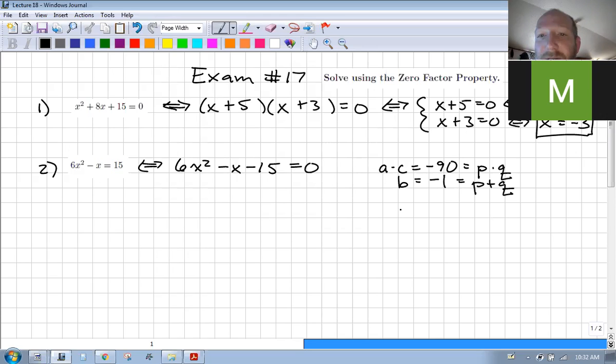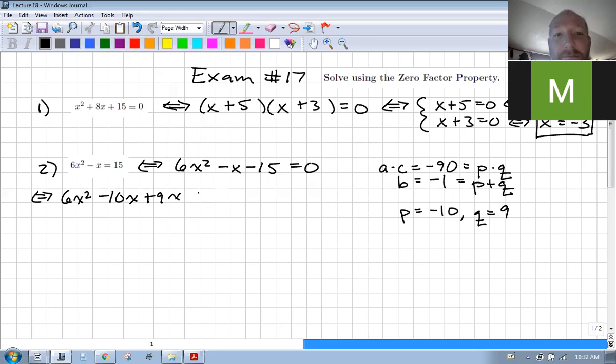So I'm thinking, let's see, a negative 10, a positive 9. They multiply to give us negative 90, but add to give us a negative 1. So now we can rewrite this minus x as a minus 10x plus 9x.